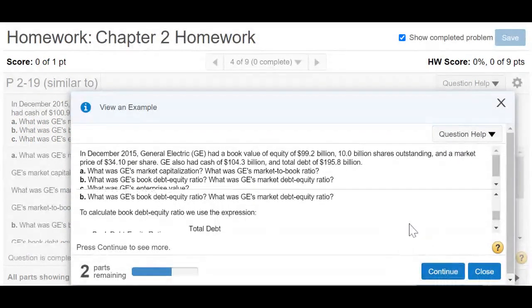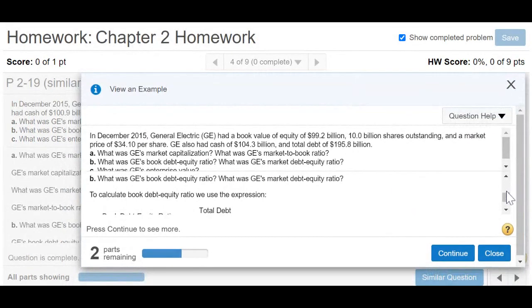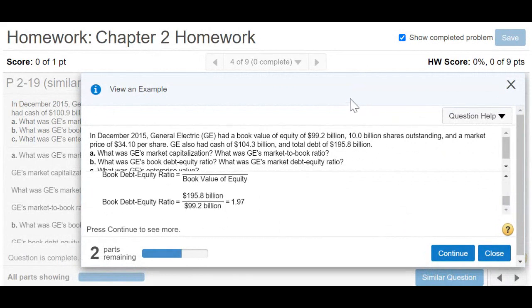Then the next one is book debt to equity ratio.